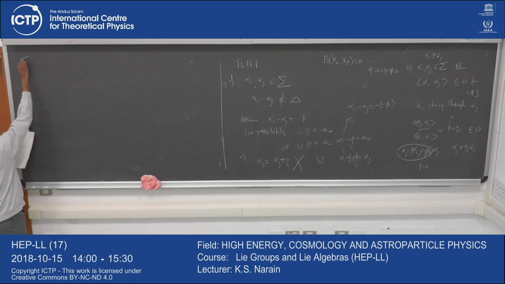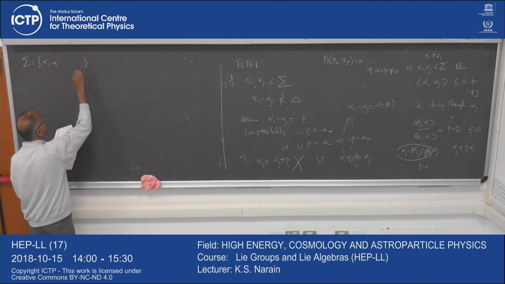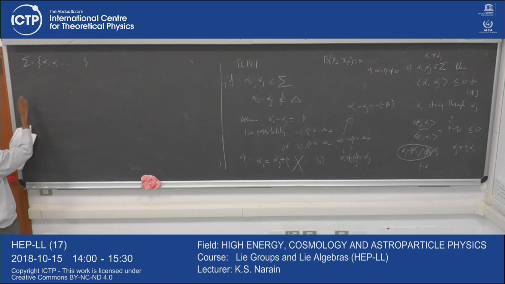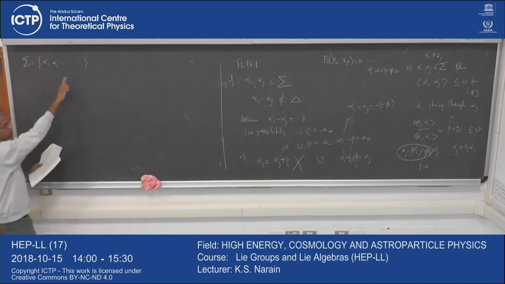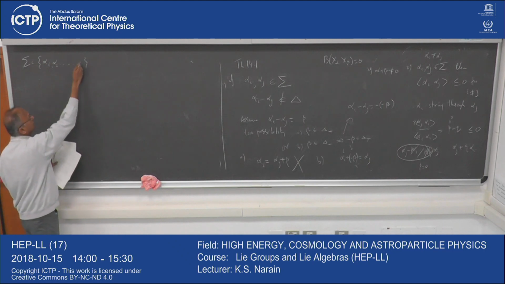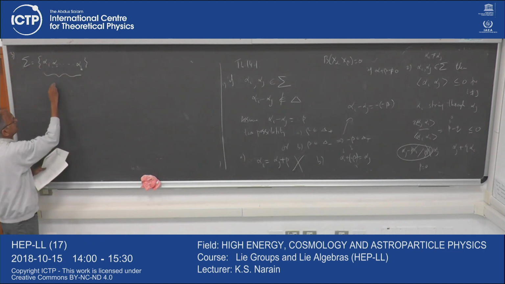Suppose sigma is the set of the simple roots, right? Alpha 1, alpha 2, whatever, these roots. So these are the simple roots. I put all of them. Suppose it goes all the way up to alpha k. Suppose there are k simple roots. Then the statement of the third statement is that these are linearly independent.